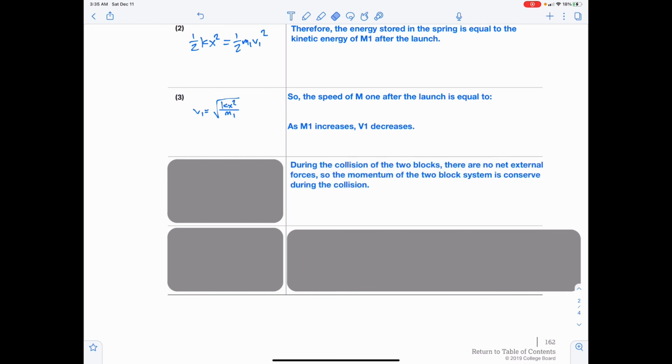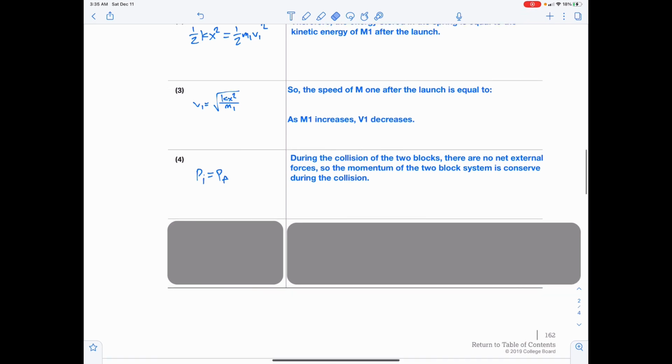During the collision of the two-block system, there are no external forces, so the total momentum is conserved. The first part of this problem was a conservation of energy problem. The collision is an inelastic collision, and that's conservation of momentum.